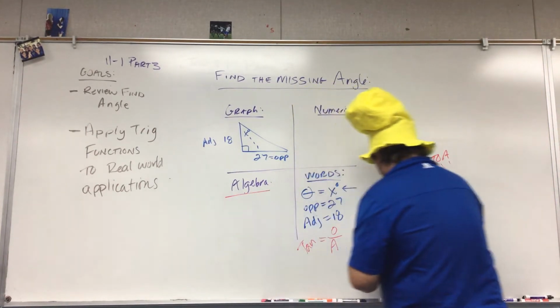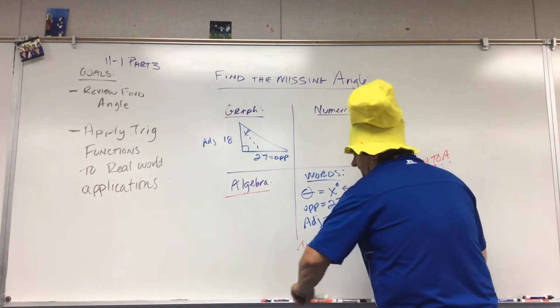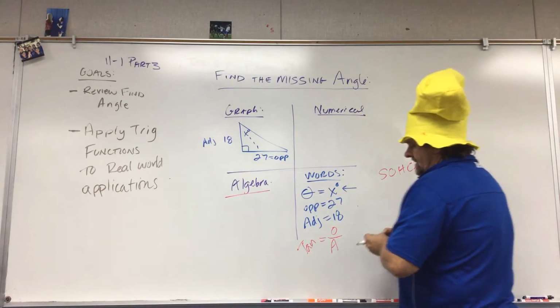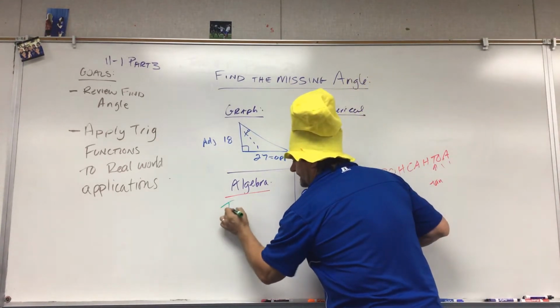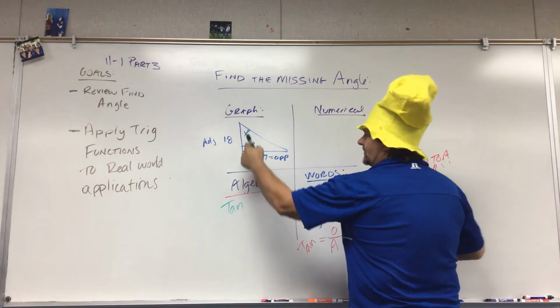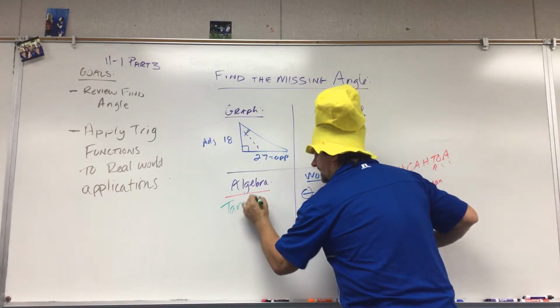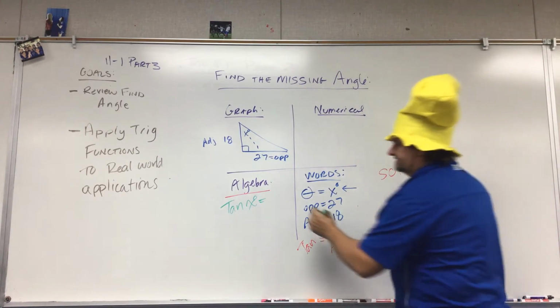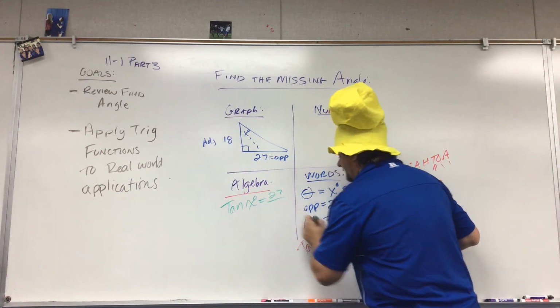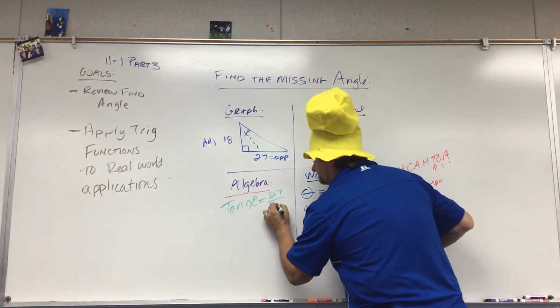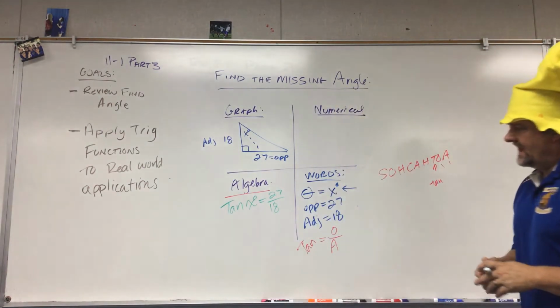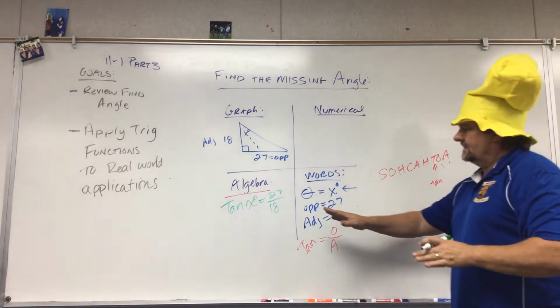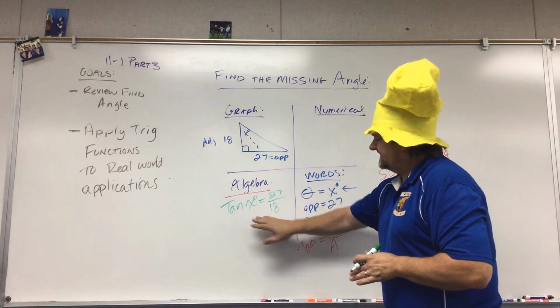So we've got this equation, and we're going to algebra. Giving us the green light for algebra. We know that it's tangent. Tangent of what? We are not sure. And we are looking at opposite over adjacent. Now what we have to do is get this x by itself.